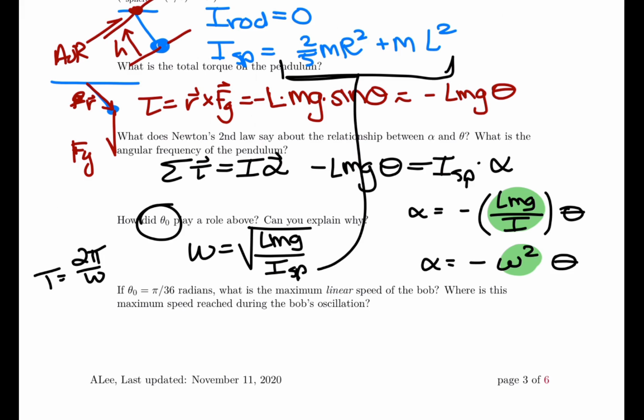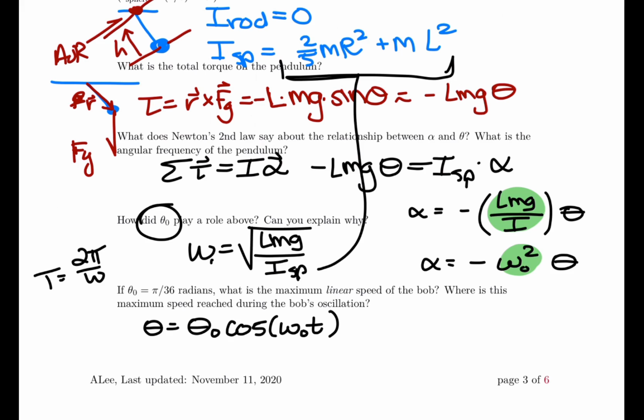This one is tricky. If theta is blah, what is the maximum linear speed of the bob? So in this case, you have enough information where you can write down the position. The oscillator might look something like this, right?